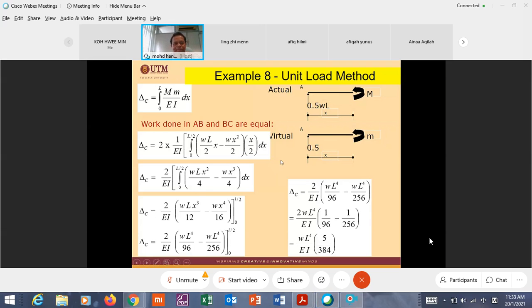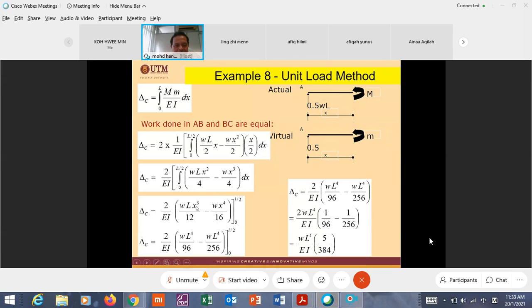Integrate this equation, WLX to the power of 3 and so on, and finally this is the integration, integrated between L over 2 and 0. This is quite a long calculation, but I just simplified it here.